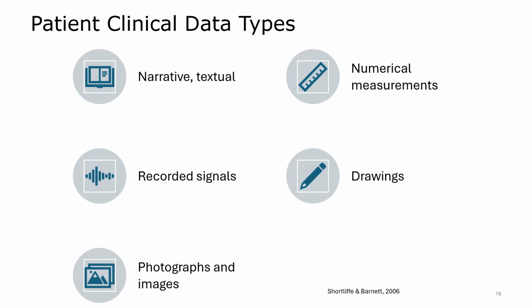Healthcare organizations rely on many different types of data to gather, record, and track patient information. So some of it's narrative. Think of patient history, physical exams, notes, procedures, reports, or surgical summaries, all recorded as free text, basically free writing. Some of it's numerical, so measures like the patient's weight, their vital signs, or their body fluids. And some of it comes as digital signals.